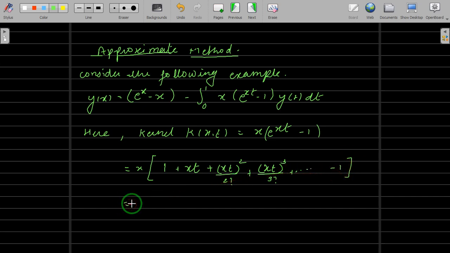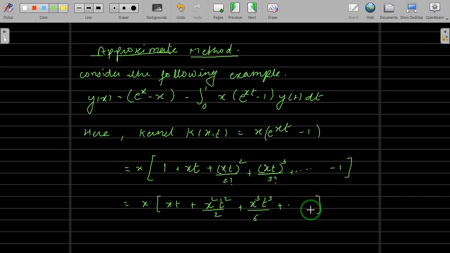So this is x times, 1 and minus 1 cancel out, and you will have xt plus x squared t squared upon 2 plus x cubed t cubed upon 3 into 2, which is 6, and so on.